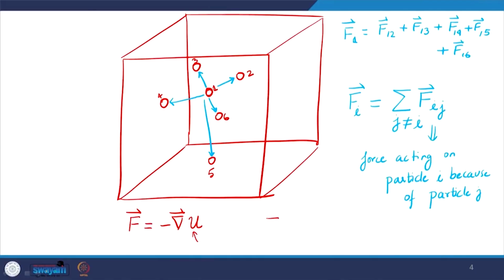So, del can be defined as the sum over ∂/∂qk, where k are the components of the coordinate. In 3-dimensional space, k will go from 1 to 3, multiplied with the unit vector in the k direction.